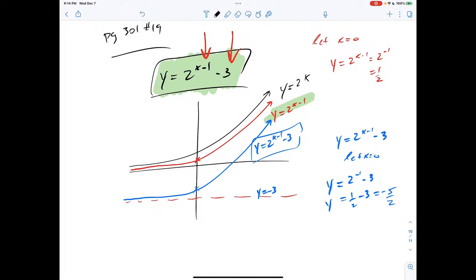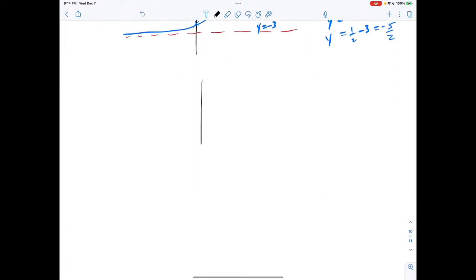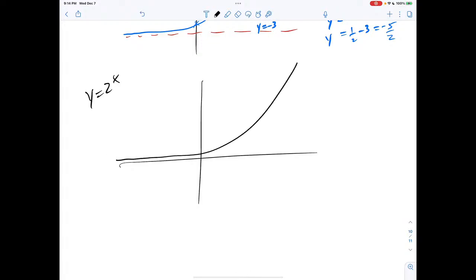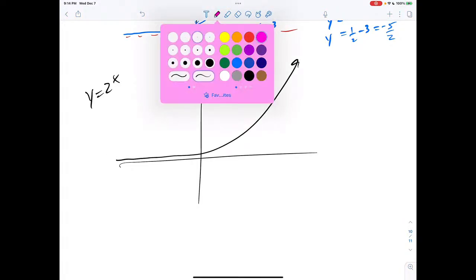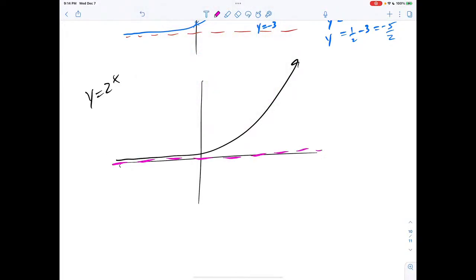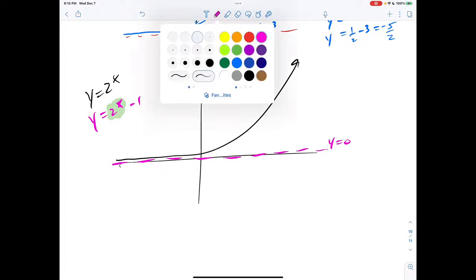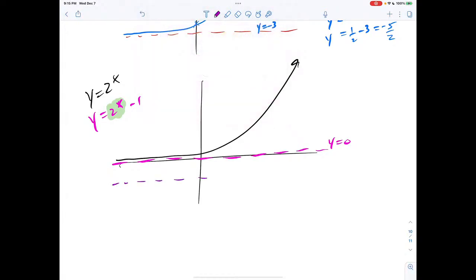The horizontal asymptote's minus 3 because, forget the shift, this has a horizontal asymptote of 0. If I ask you to graph 2 to the x minus 1, you're taking the output of your parent function and subtracting 1 from it. So you're shifting everything 1 unit down.